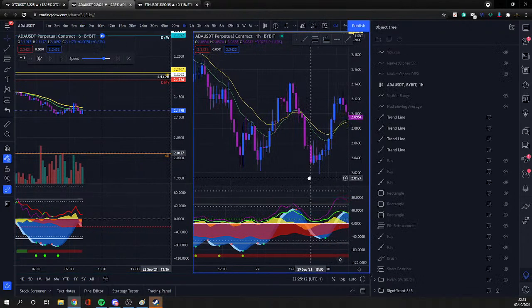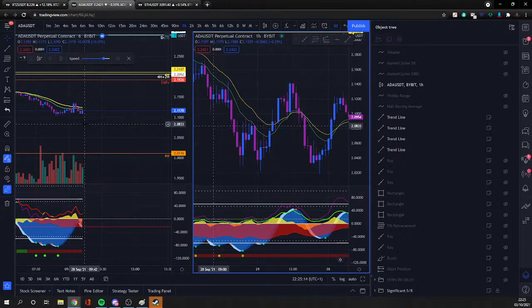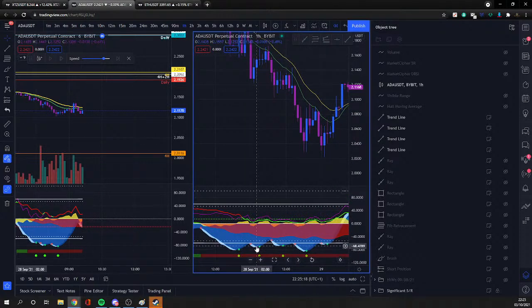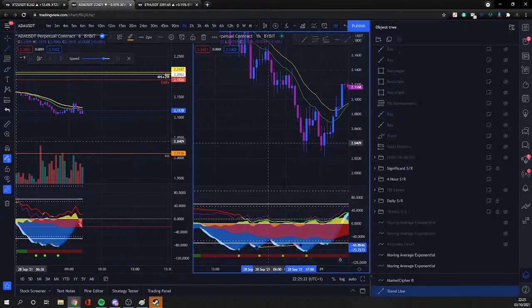At the same time, you're going to be looking at your hour chart. Now, the hour chart at the moment is showing a rise in momentum, but money is leaving. The VWAP at that moment in time is coming up.